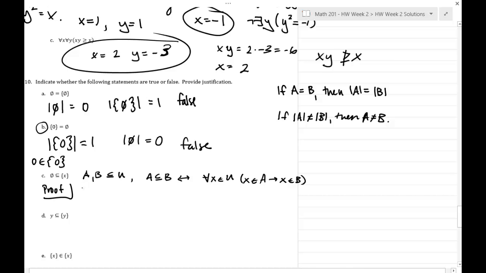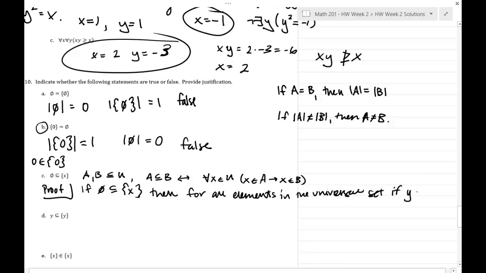I'm going to say if the empty set is a subset of the set containing X, then for all elements Y in the universal set, if Y is an element of the empty set, then Y must be an element of the set containing X. The statement Y in the empty set is always false because there is no element in the empty set.